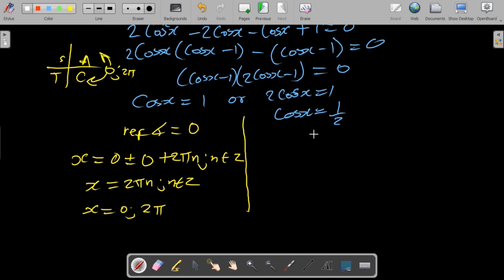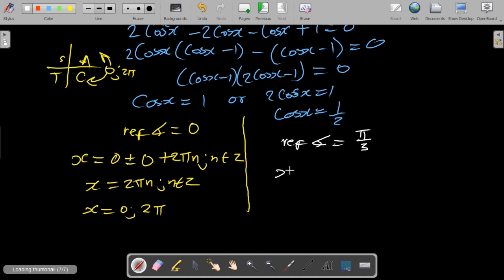Then coming to this side, for our reference angle, you're going to use the positive form of whatever number you have there. In this case, we have a half, and that should now give you pi over 3. So that is our reference angle over there. And this is positive, which means once again, we go to the cast diagram and see where cosine is positive. Once again, it's positive there and there.